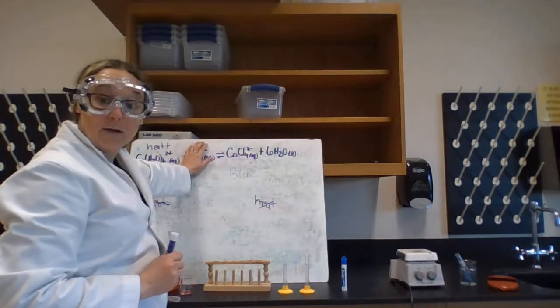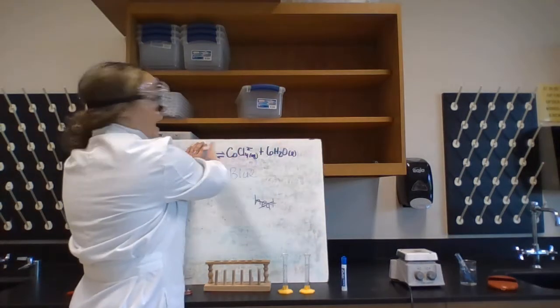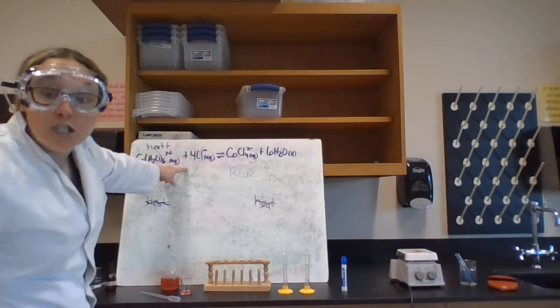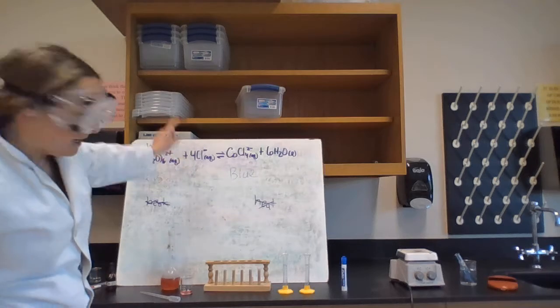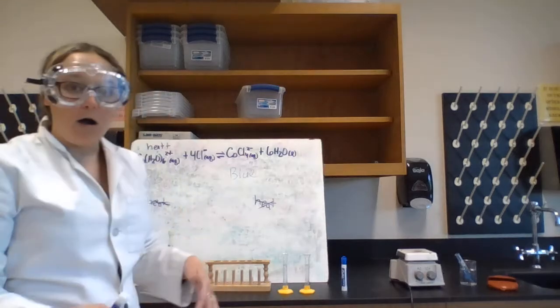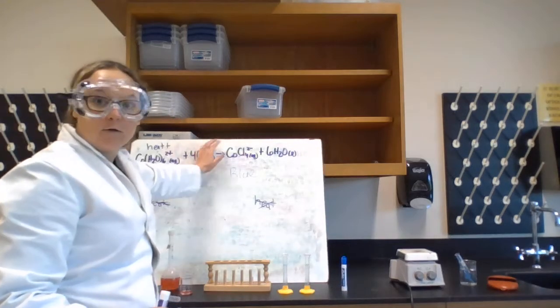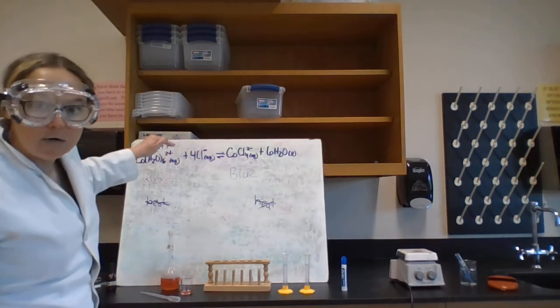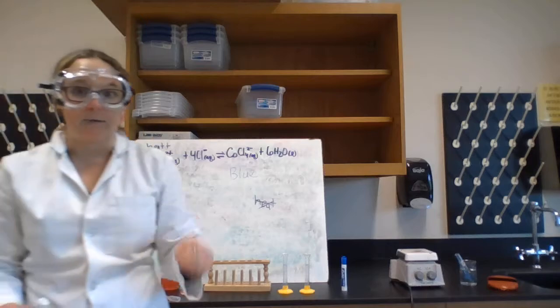If I take away chloride ion, I have to replace that chloride ion. So it is shifting back to the red side. So that's why we did not see a color change here in this test tube, because we are removing that chloride, so the equilibrium is going to come back to this reactant side in order to make what is being used up. So here's a good demonstration to help demonstrate Le Chatelier's principle. I hope that you have found this to be helpful to you in your understanding of this concept.